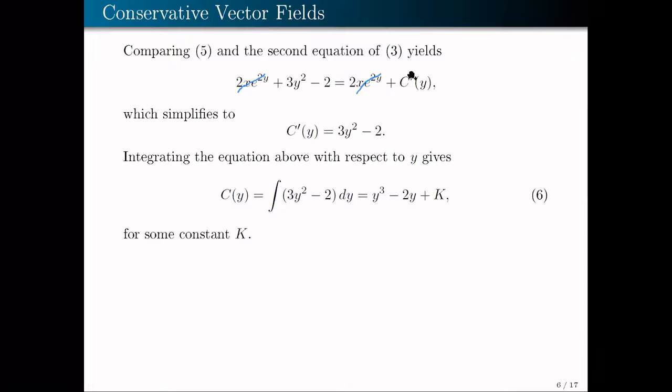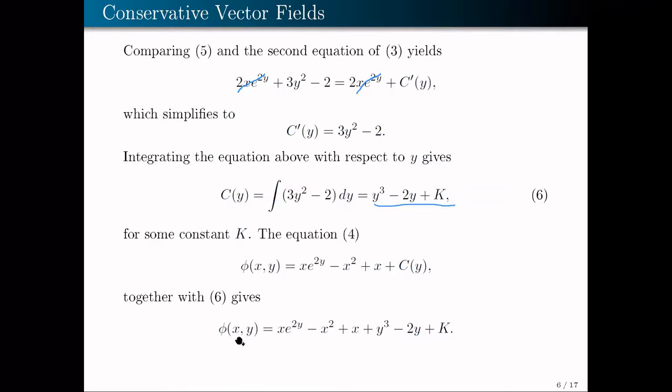And so going back to the expression for phi of xy, we have x exponential of 2y minus x squared plus x plus c of y, where c of y is equal to this expression. Okay, so finally we have phi of xy equals this expression plus c of y, which is y cubed minus 2y plus k.